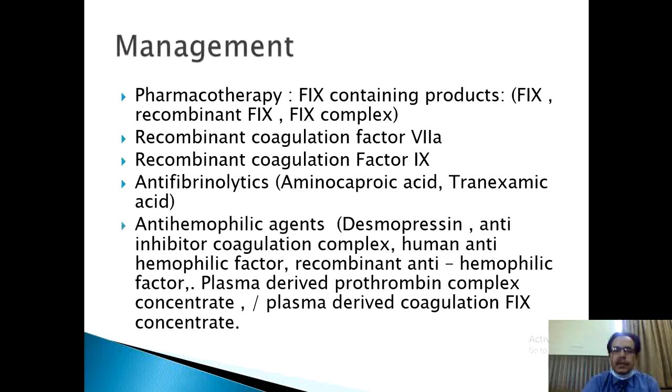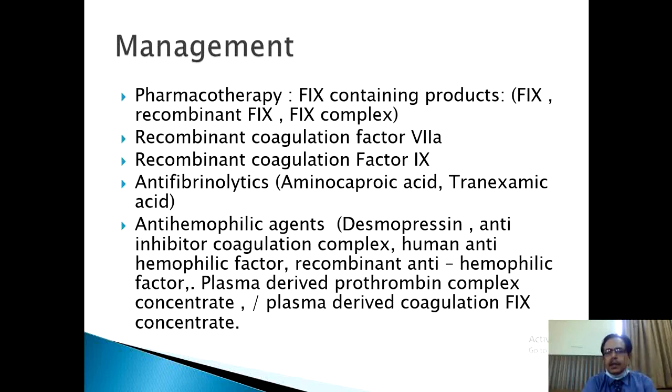The drugs used, or the pharmacotherapy applied, in the management of hemophilia include that you offer the factor 9 containing products: factor 9 itself, then recombinant factor 9 and factor 9 complex also. These three products you must remember: factor 9, recombinant factor 9 and factor 9 complex.